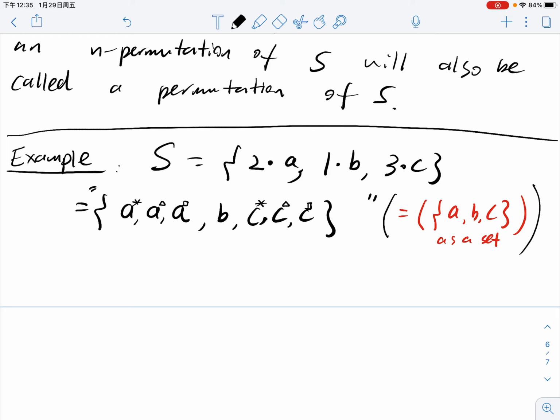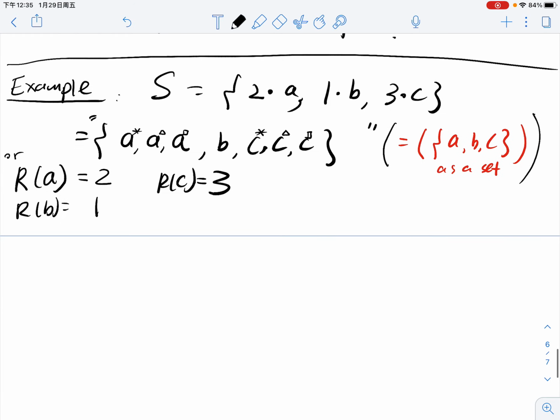Or according to the definition, you have the function R(a) is 2, R(b) is 1, R(c) is 3. Okay. So all I want to say is, please have your own interpretation of this multiset instead of just remembering the formal language.